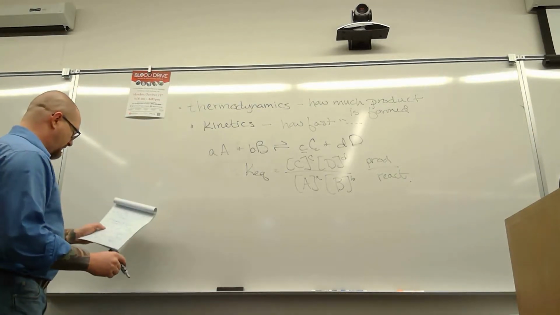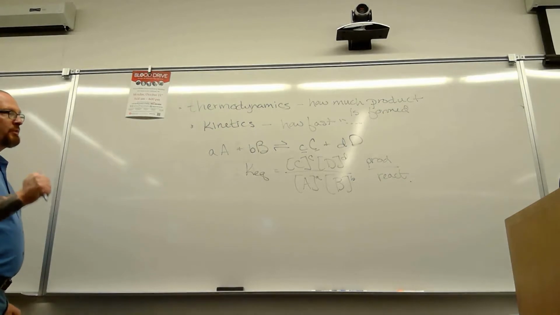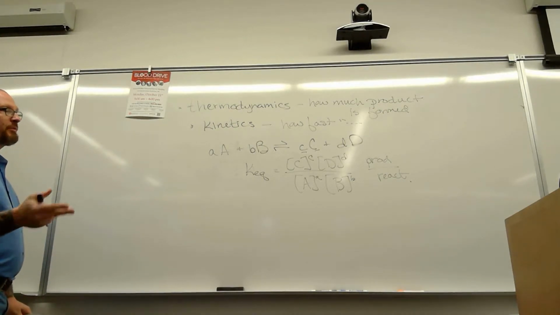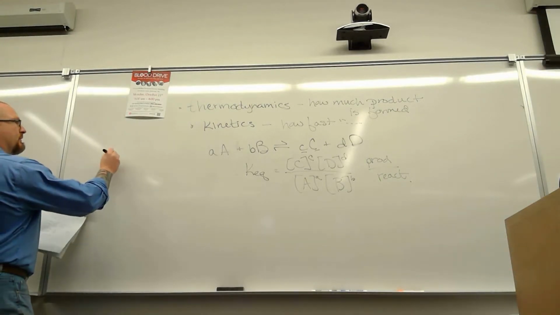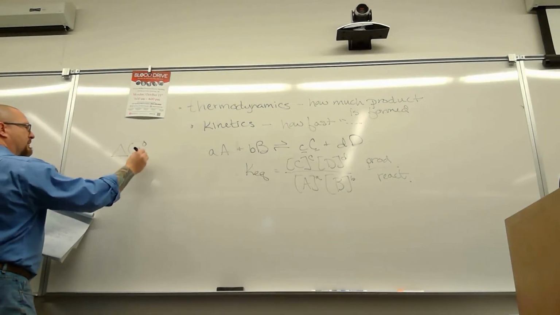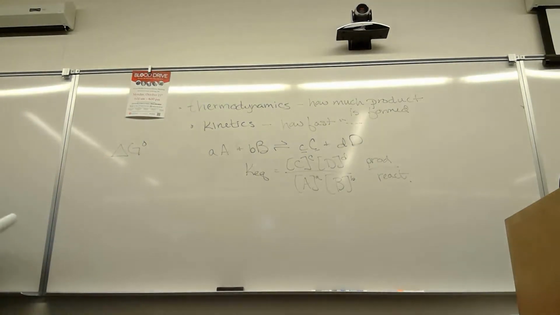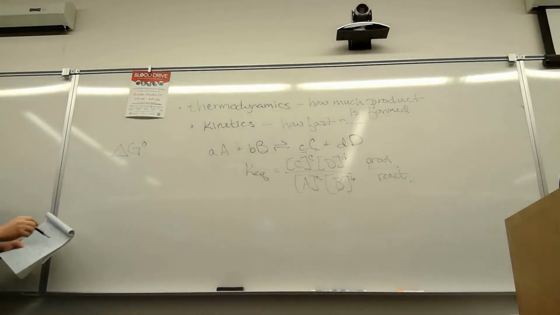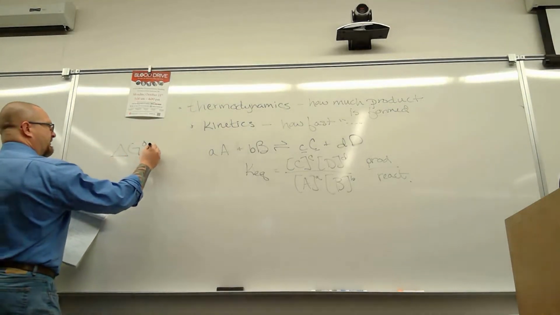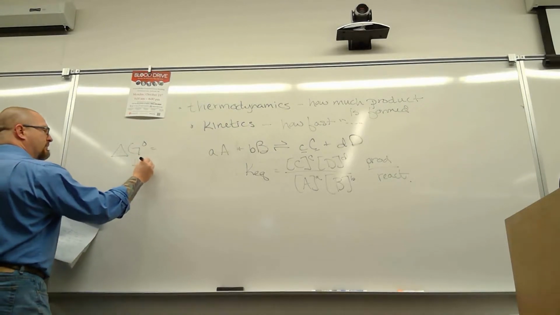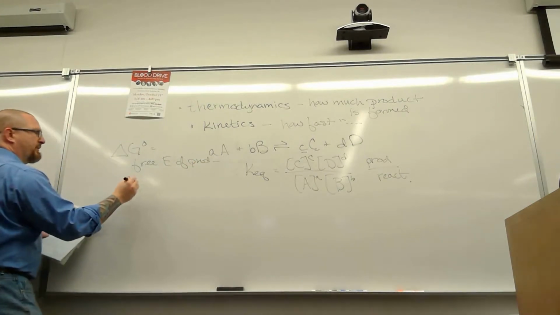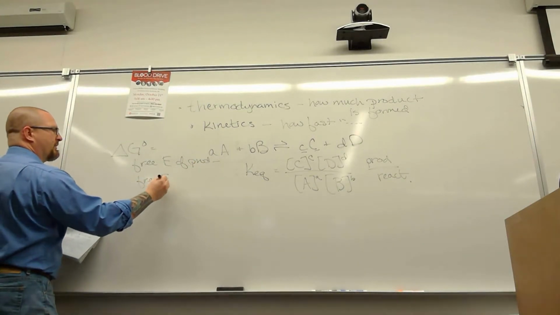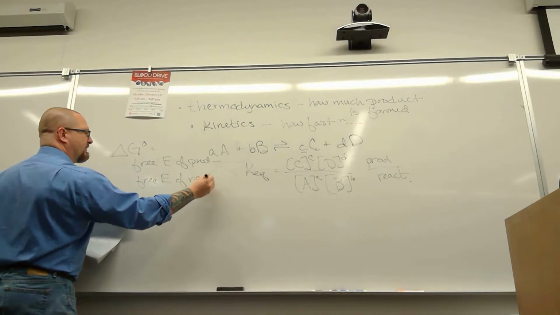So, let's see here. This is related to Gibbs free energy. If we're looking at Gibbs free energy under standard state, or the change in Gibbs free energy, this is going to be the free energy of products minus the free energy of reactants.